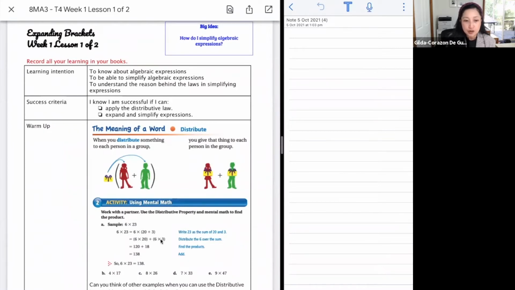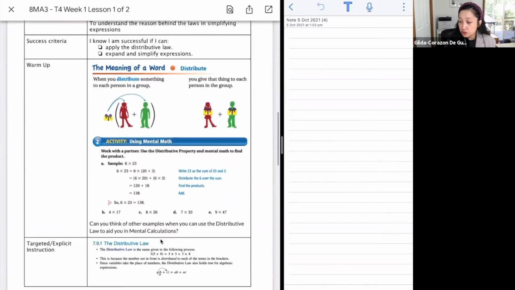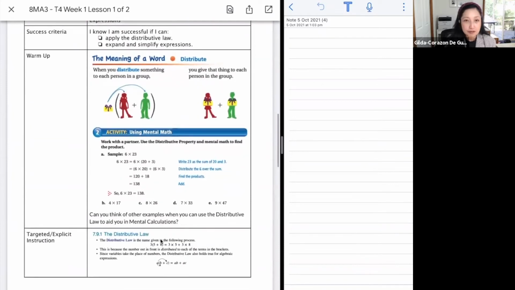Okay, so the distributive law, we've seen that before when we were asked to calculate in our heads some of the big numbers, just like when we are asked to multiply 6 by 23. You can't do that in your head without a strategy. So how would you do that with a strategy?